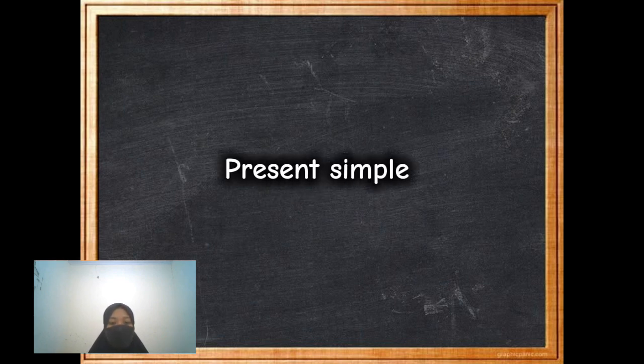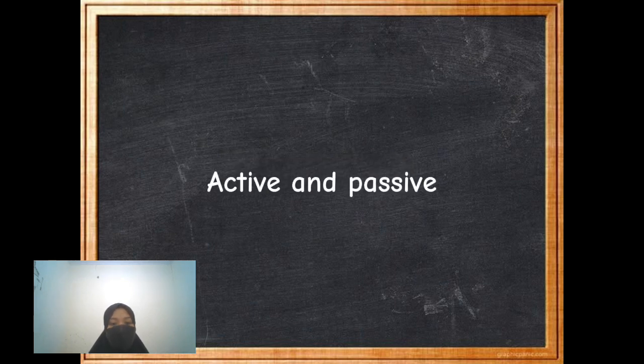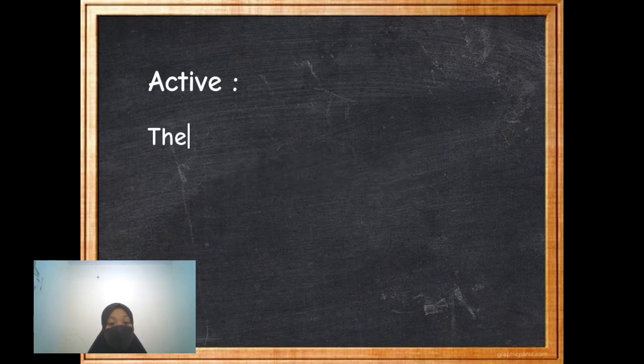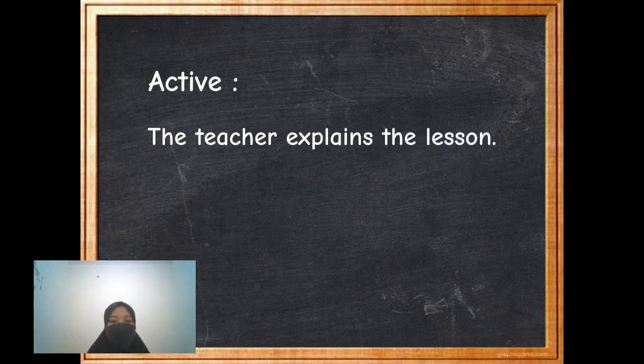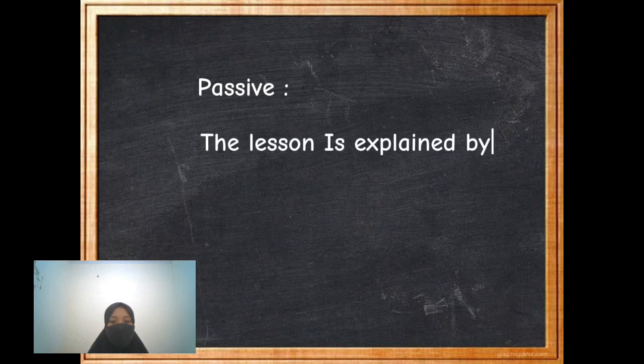Okay, next, present simple, active and passive. For example, active: the teacher explains the lesson. Passive: the lesson is explained by the teacher.